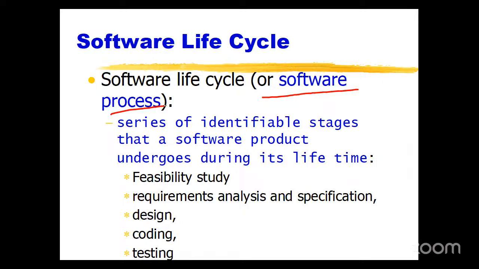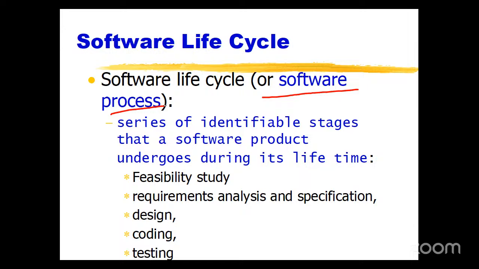So stages of whom, whose stages are we speaking about? All these stages are related to the software product. If you are speaking about any project, those are related to the project. Otherwise, these are related to your software product.